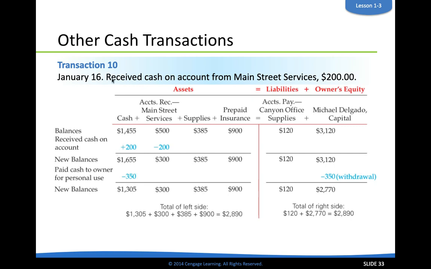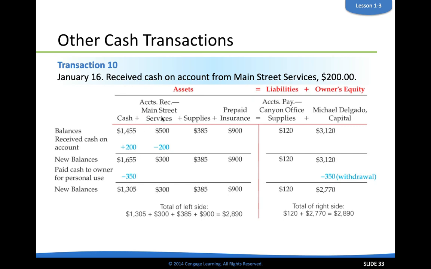So transaction number 10, receiving cash on account from Main Street Services. So remember, Delgado Web Services performed a service for Main Street Services, and Main Street Services owed Delgado Web Services $500. Now they're going to pay a portion of that bill in cash. So Delgado Web Services received cash, $200.